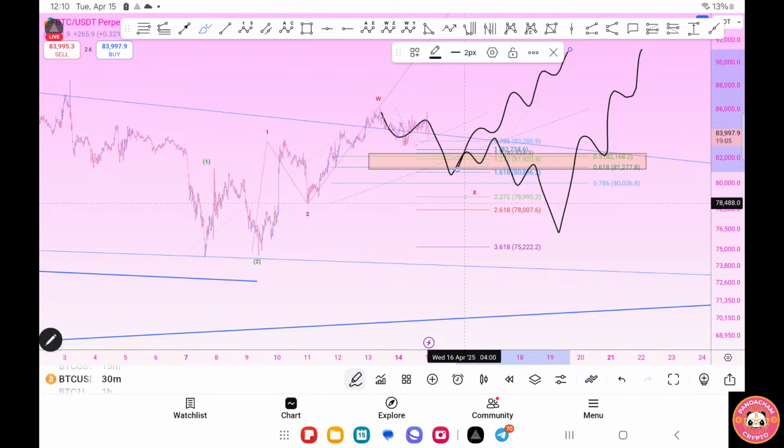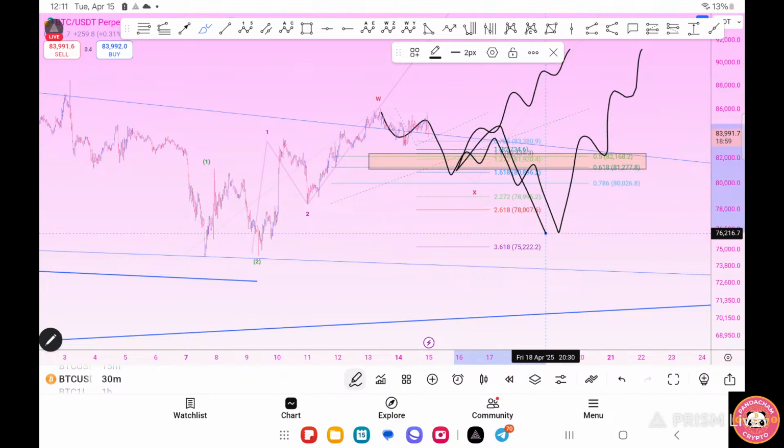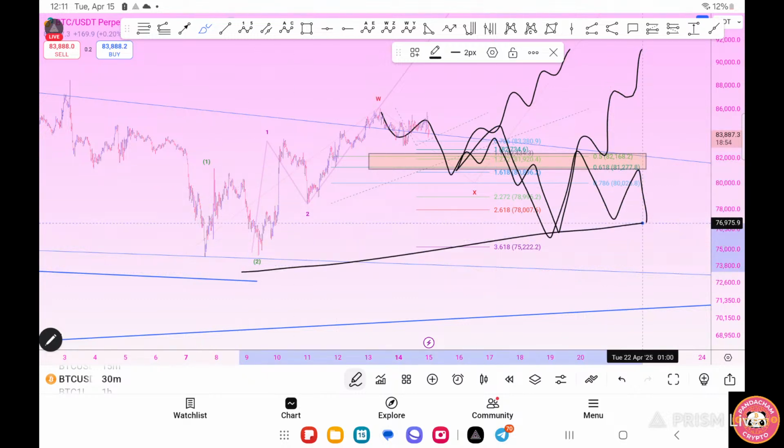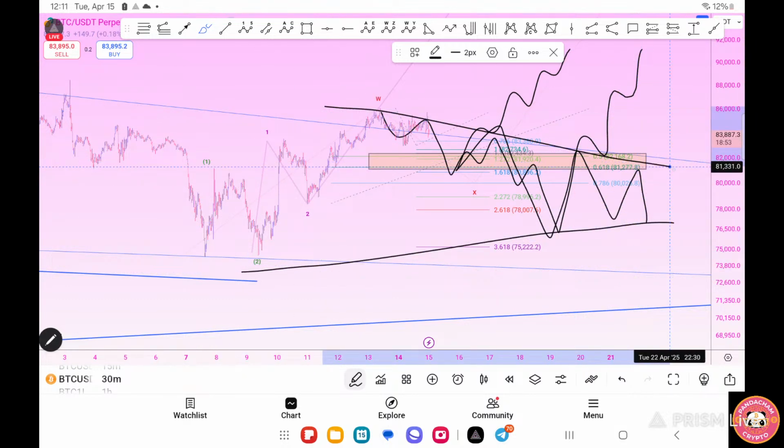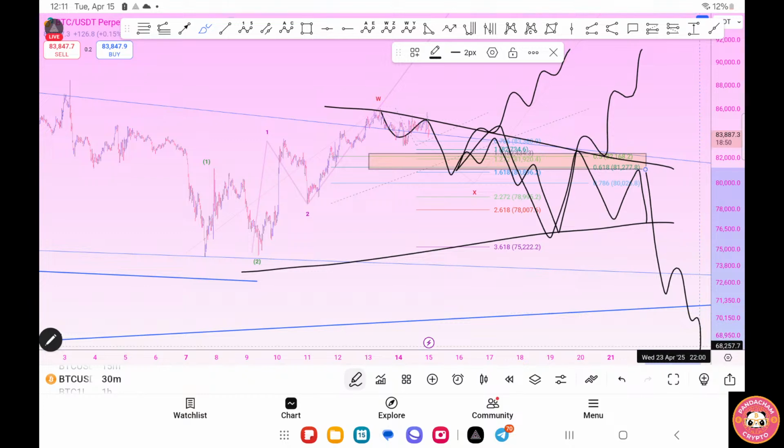Now it's just a matter of time that this could end up being a huge corrective pattern and eventually become a triangle as well, which is plausible, and then we're still going to the downside.